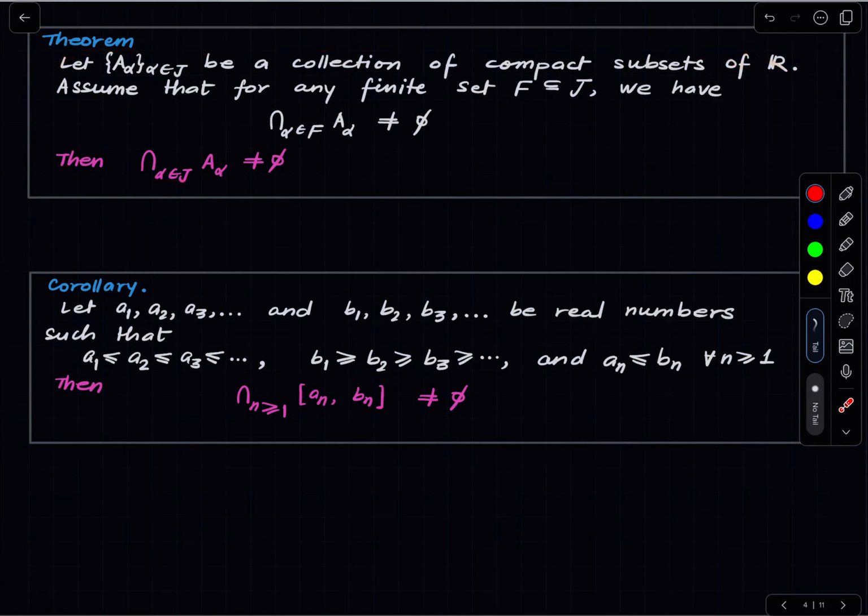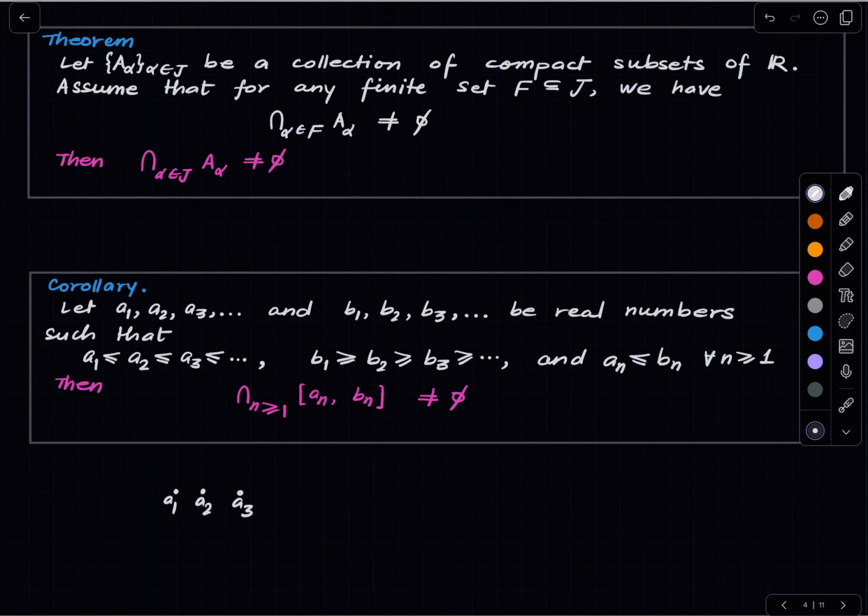Okay. An immediate corollary of this theorem is that if we have real numbers A1, A2, A3 and B1, B2, B3, such that the AIs are increasing and the BIs are decreasing, and AN is less than or equal to BN for each n, so the picture somewhat looks like this. We have A1, some A2, A3.